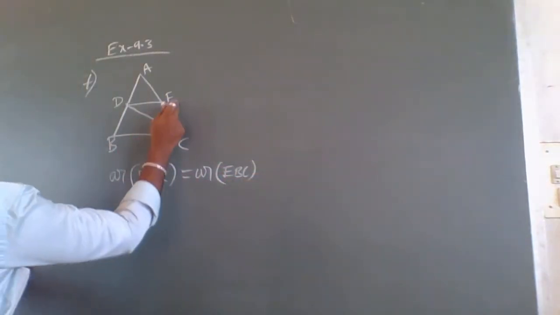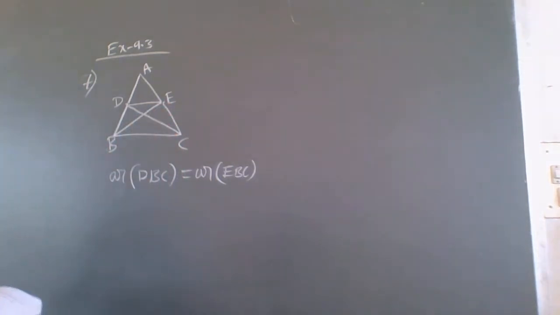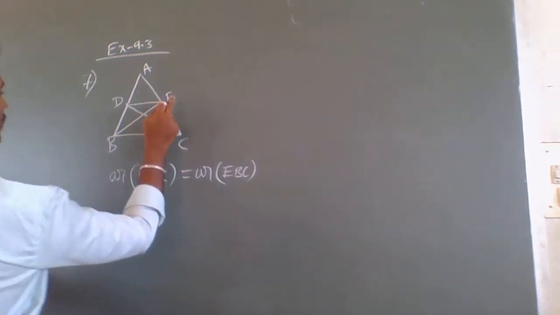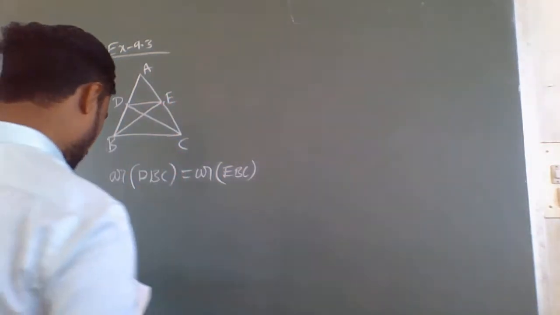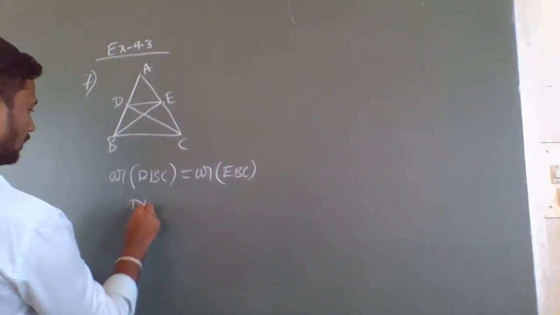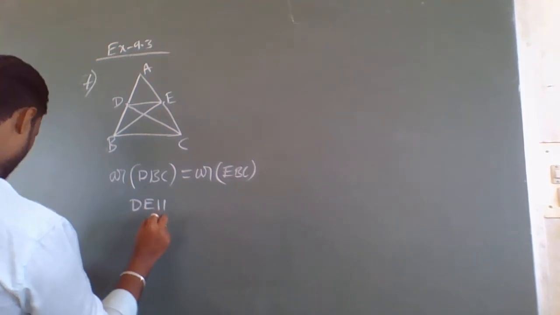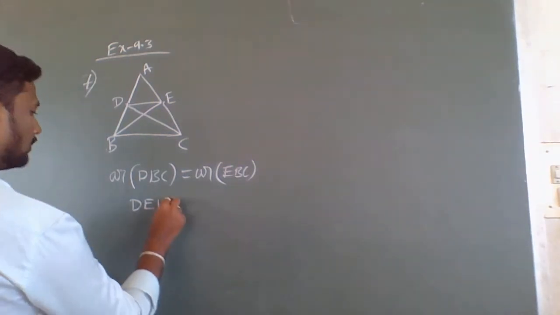EBC means I have joined EB. So area of triangle DBC equals to area of triangle EBC. Prove that. What we have to prove here? DE is parallel to BC.